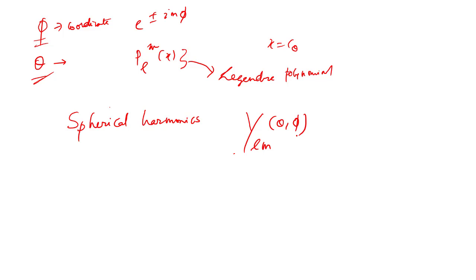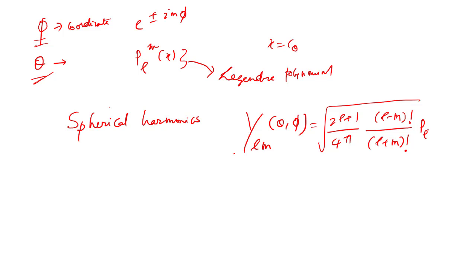This is the symbol for spherical harmonics, and they are expressed as the square root of (2l+1)/(4 pi) times (l-m)!/(l+m)! times P_l^m of cosine theta times e to the power i m phi.